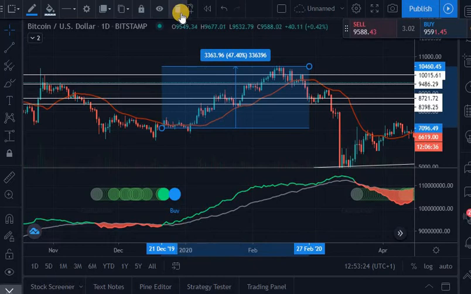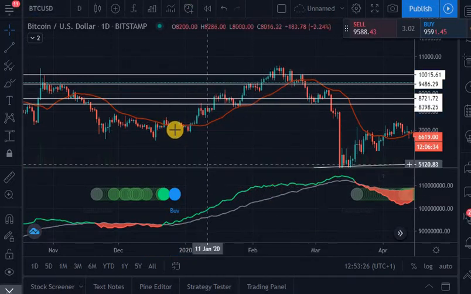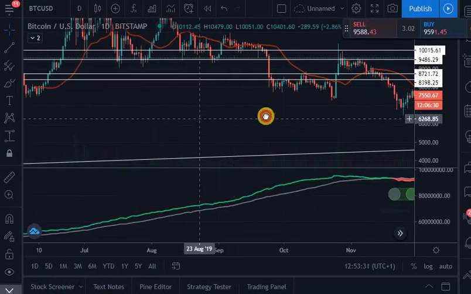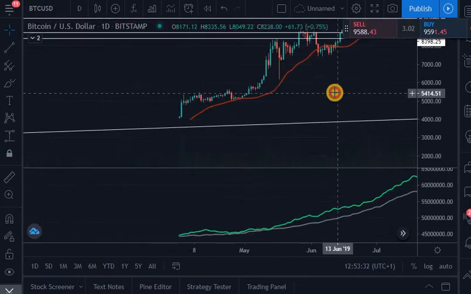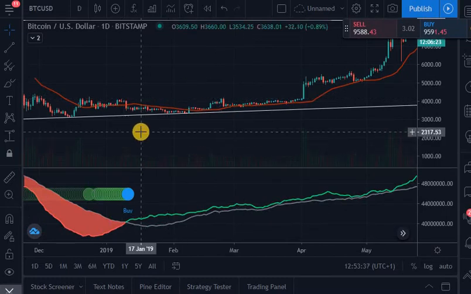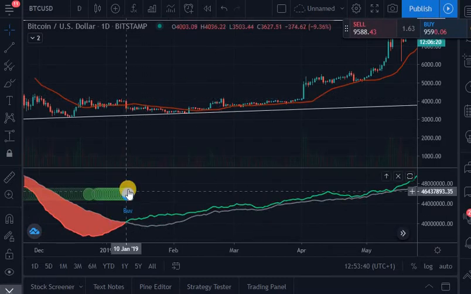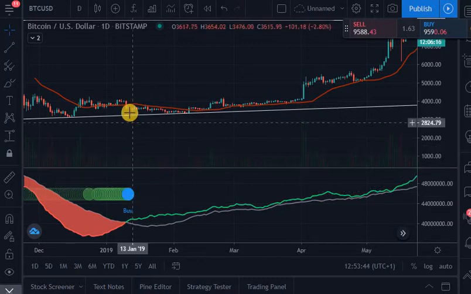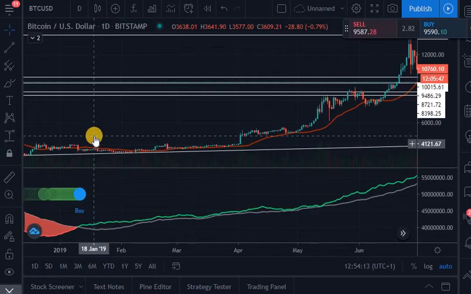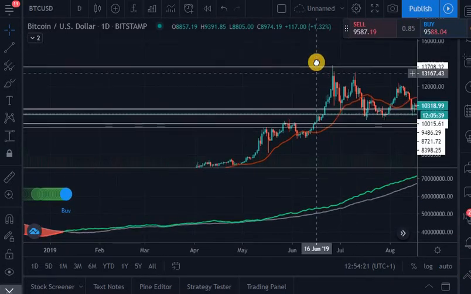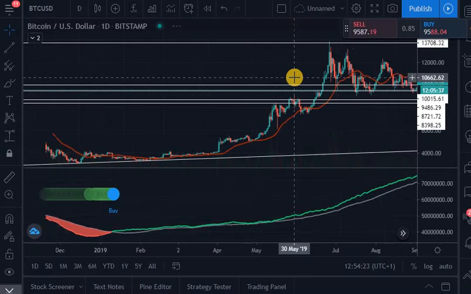Now let me show you another example of the hash ribbon. Let's go back in price to another example where it flashed blue. Now this is another perfect example. It flashed this buy signal, and if you had held and sold at this top region right here, you would have made a lot of money on your trade.